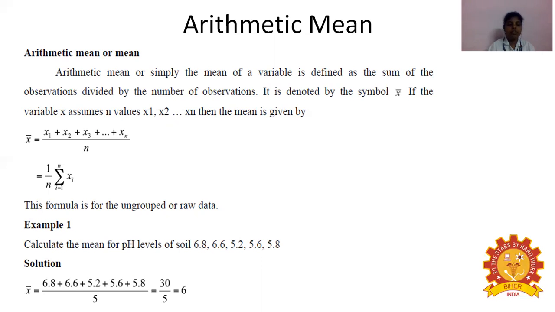X bar equal to the sum of all the values divided by the number of observations, that is 6.8 plus 6.6 plus 5.2 plus 5.6 plus 5.8 divided by 5. Adding all these values, we get 30 divided by 5 equal to 6.